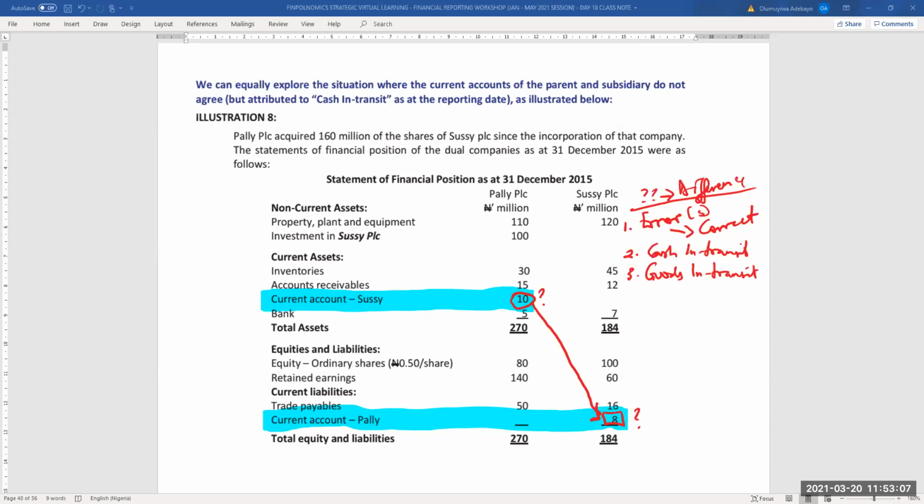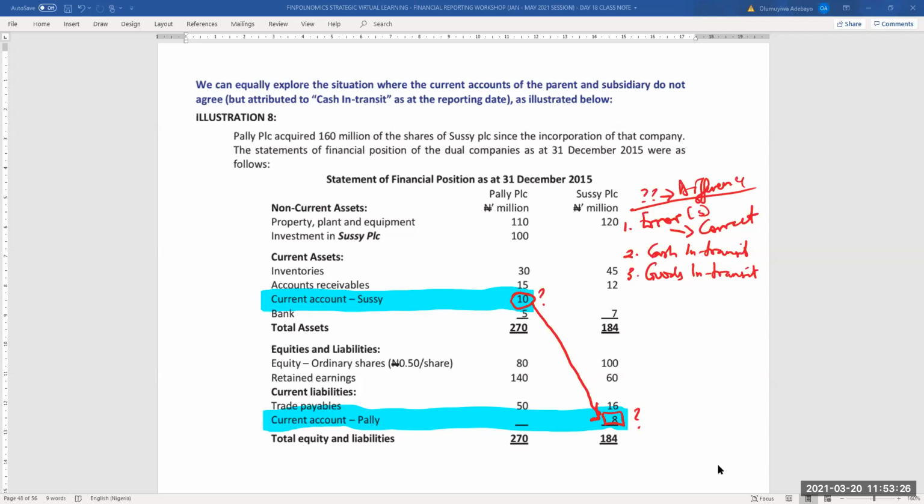In the books of the subsidiary, the cash has left his cash book. If the parent has not received it, the parent will still be carrying the subsidiary as a debtor. That explains the cash in transit.